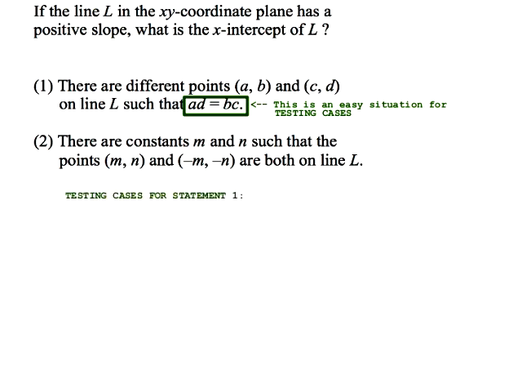Okay, I'm going to clear out your answers, but let's set this up. You're going to pick A, B, C, D, right? And then once you have those, you're just going to find the points A, B and C, D. You do have to obey the condition that AD equals BC.